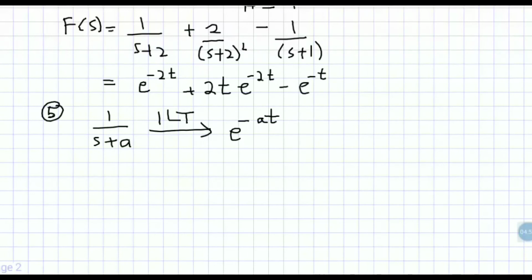Then from table row 3, 1 over s squared gives you, the inverse Laplace gives you t.